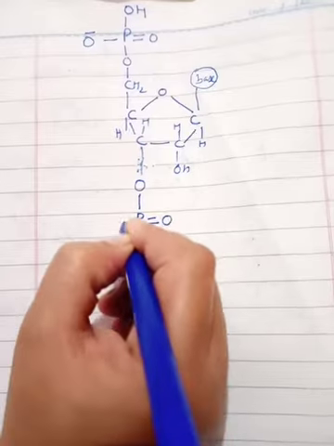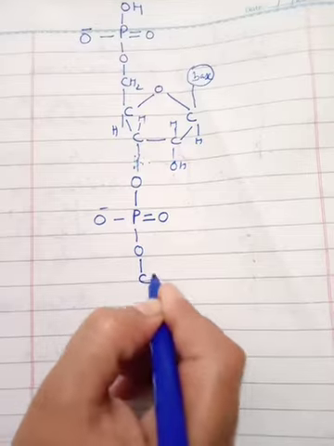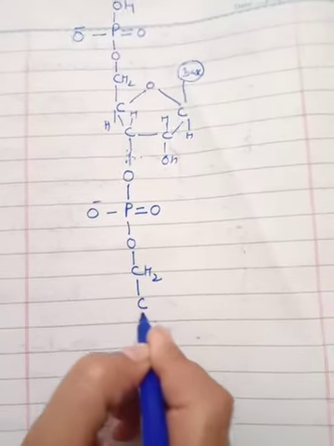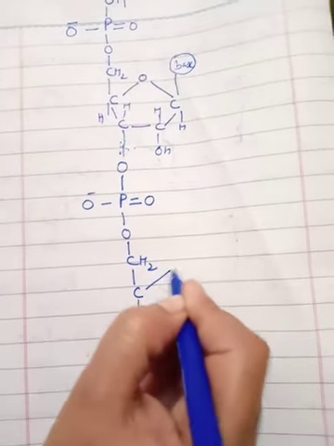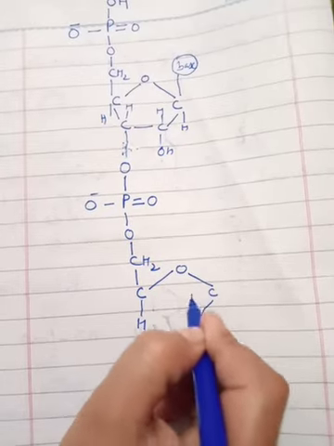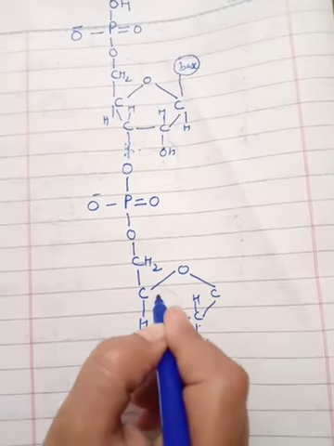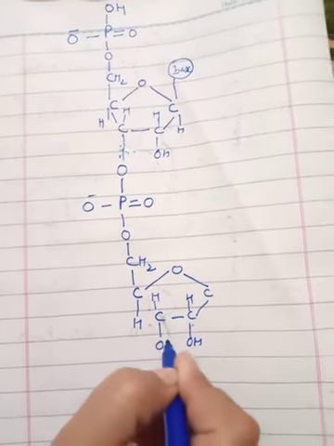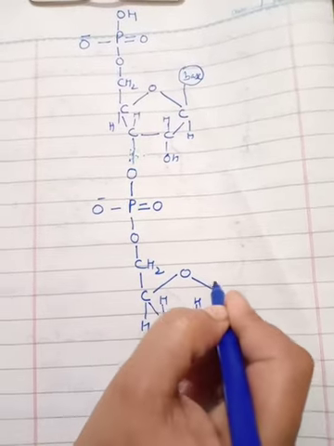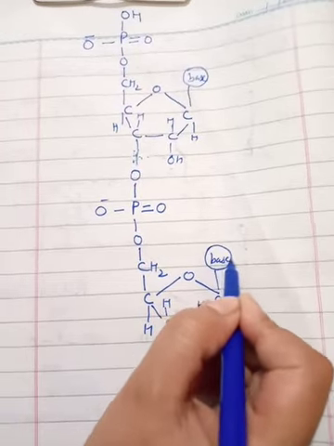So OCH2 and C, hydrogen. Let me complete this sugar molecule, which is ribose sugar. And here any nitrogenous base can be there.